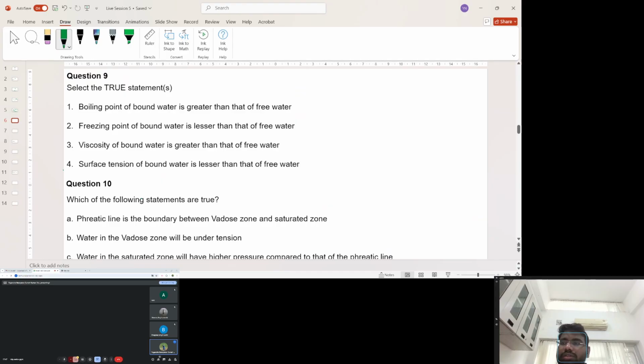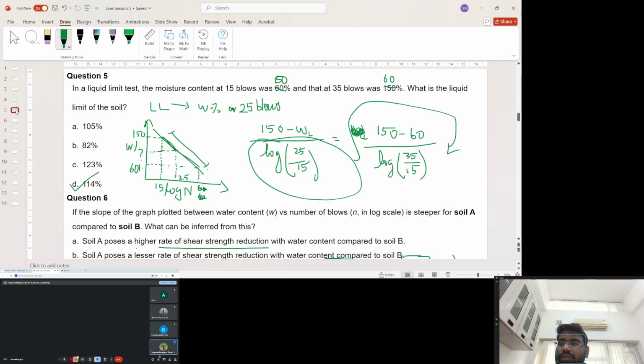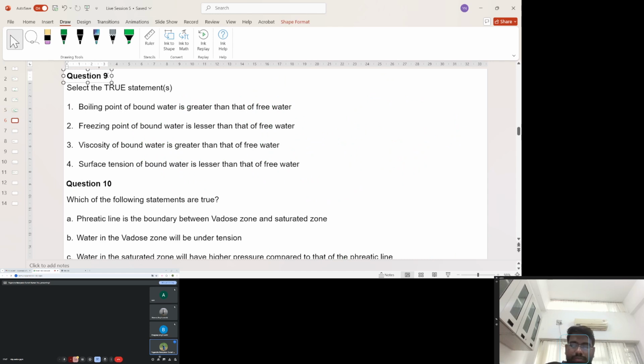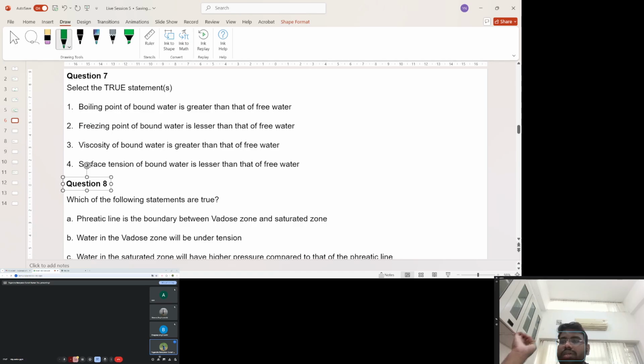Moving to the next question, question 6. Boiling point of bound water is greater than that of free water. Select the true statement or statements. So it has a multi-correct option.